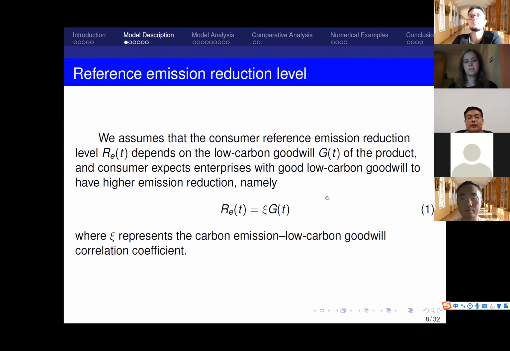This is the second part, the model description. The first notion is the reference emission reduction level.